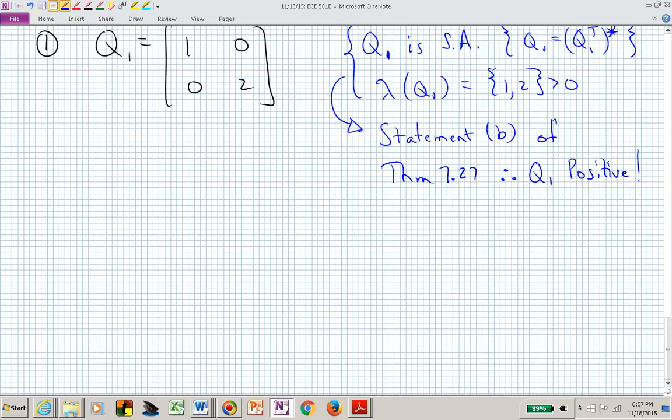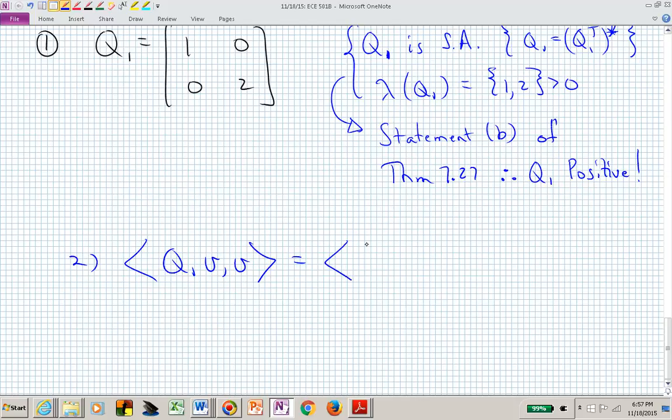We need it to be self-adjoint, which it is, and we also need it to satisfy this inner product relationship. We need this to be non-negative for every vector v in our vector space.